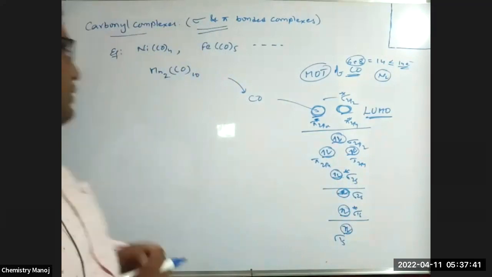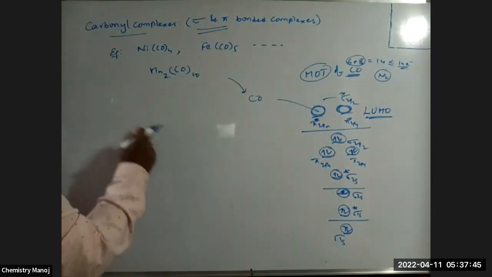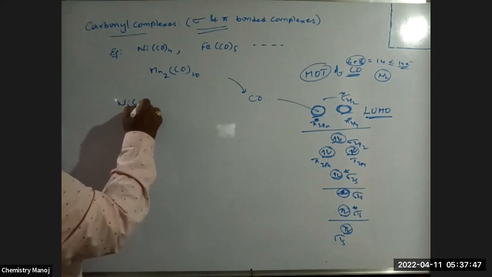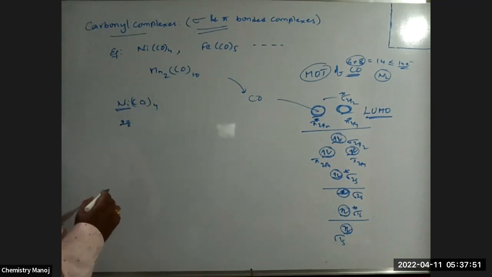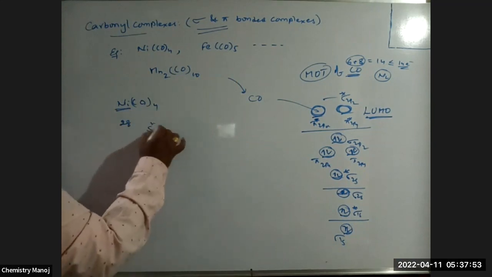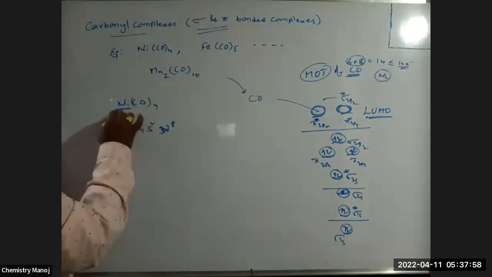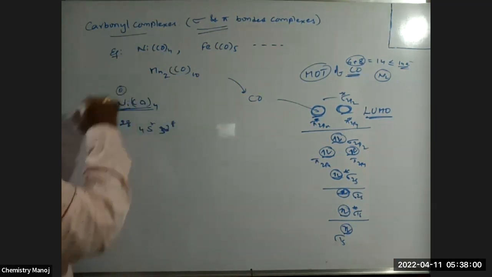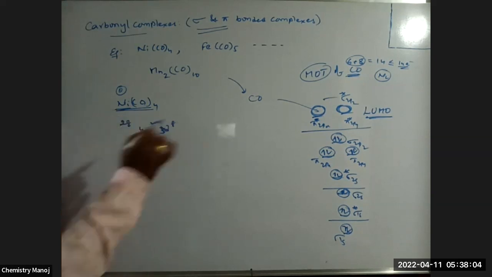Okay, so next, I am taking Ni(CO)4 for the explanation. Nickel, atomic number 28, means 4s2 3d8. In carbonyl complexes, the oxidation state of the metal is 0, so no electron is lost.